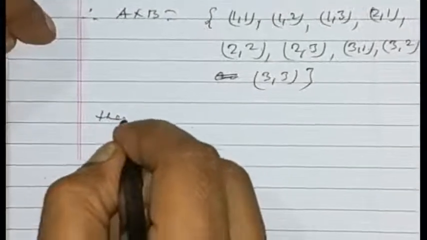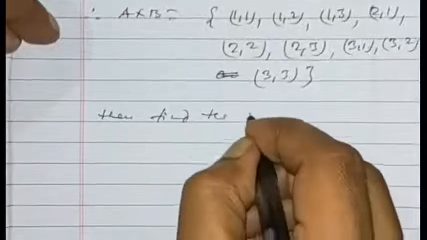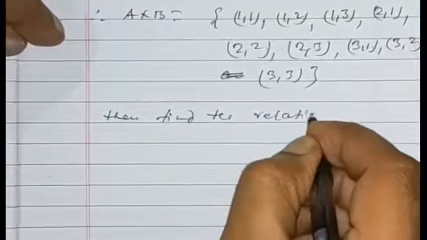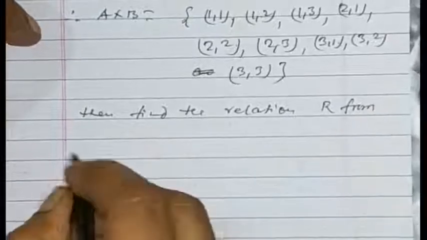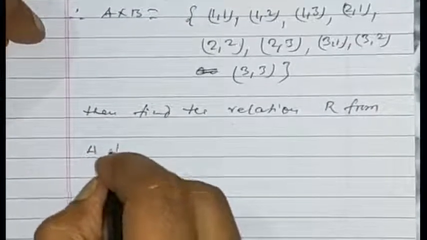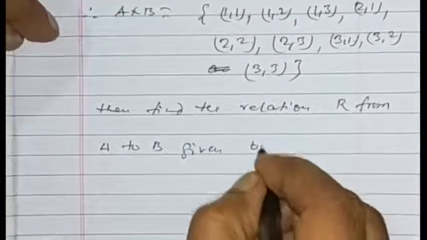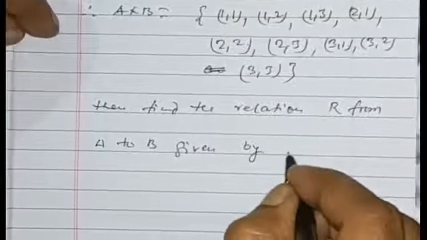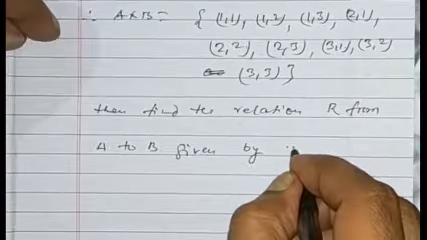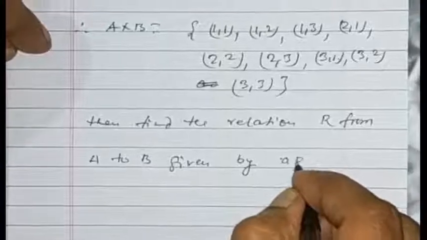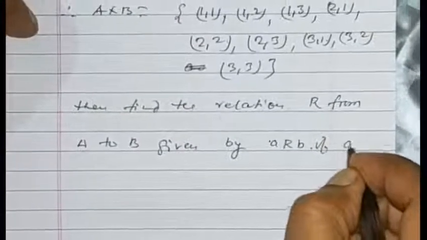Then find the relation R from A to B given by a R b if a is less than b.